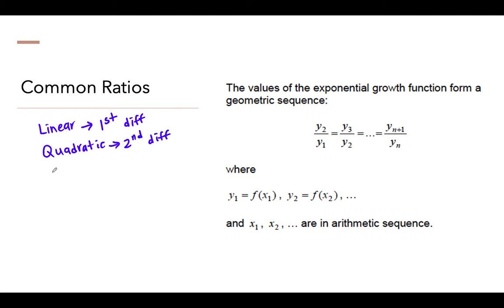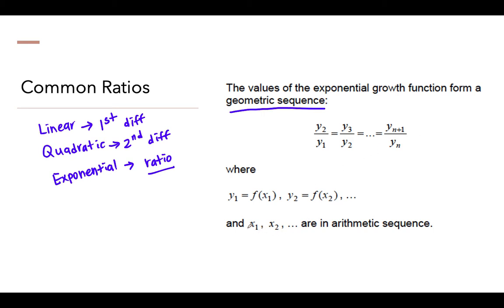And now, for exponential, the ratio is constant. So the exponential growth function forms a geometric sequence. For a geometric sequence, the second y-value over the first y-value is going to be the same. It's going to be constant.